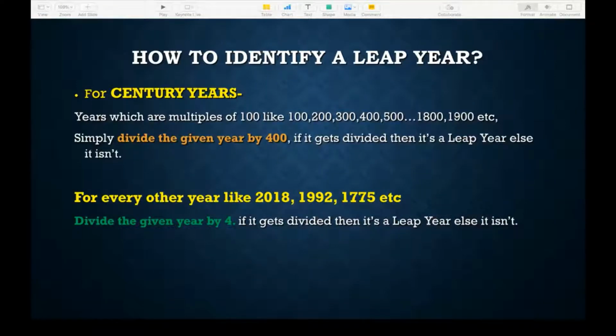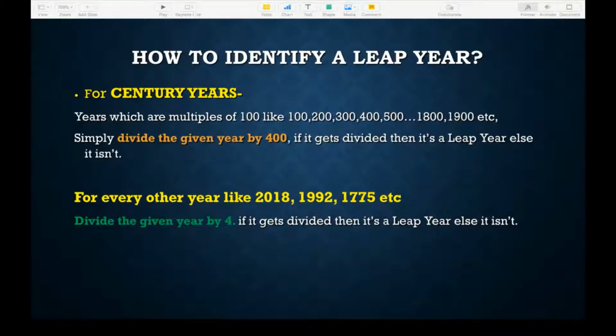But when I talk about 400, it is a leap year. Similarly, 500, 600, 700 are non-leap years, but 800 is a leap year. So for every century year, just check if it is divisible by 400 or not. But for a non-century year, you can just divide it by 4, and if it is divisible by 4, then it is a leap year.